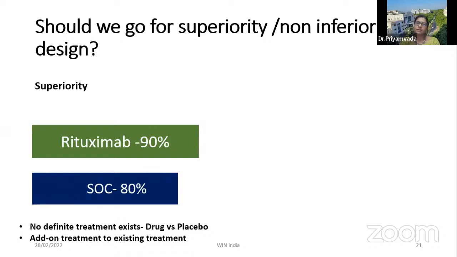So every patient in both arms should receive ACE inhibitor and ARB, and the intervention group will receive rituximab in addition to the ACE inhibitor and ARB. And here we are going to prove that whatever new drug you are adding is producing a better effect than the standard of care. And the effect size should be over and above the effect of standard of care, and the confidence interval also should be in this range.